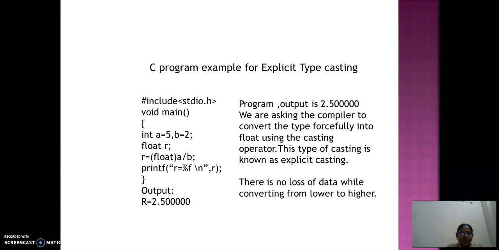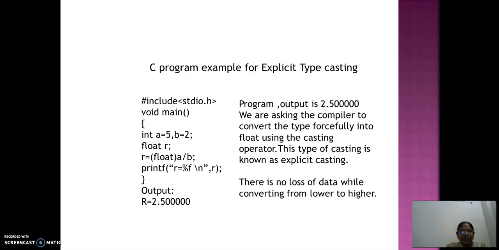So instead of 5 by 2, it converts 5 as 5.0 by 2. That means one is your floating point value, the other is your integer. Float by integer, what will be the resultant? The resultant will always be your floating point value. Now you will get it as 2.5.